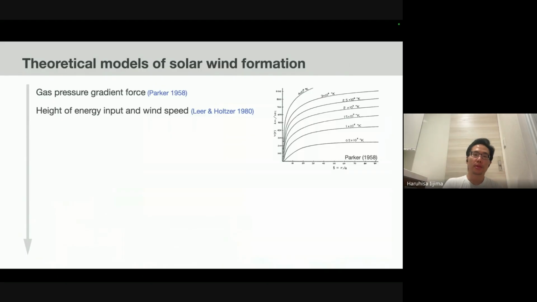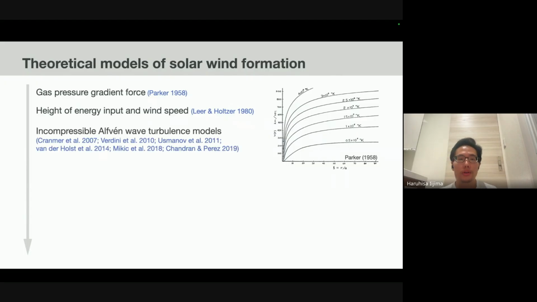The height of the energy input is very important, especially for the fast solar wind. I will explain this later in this talk.